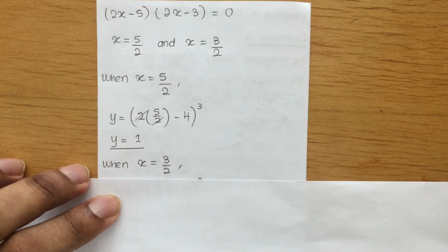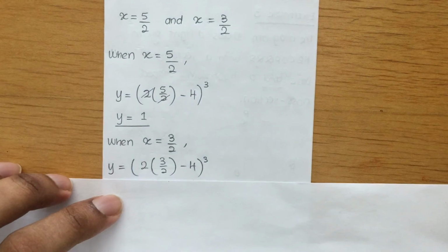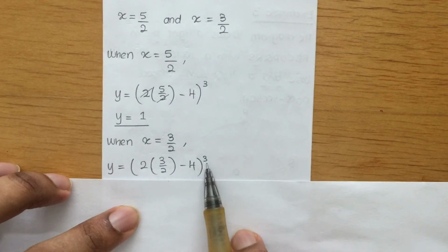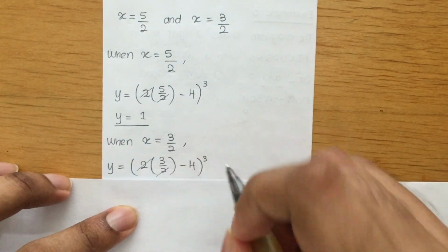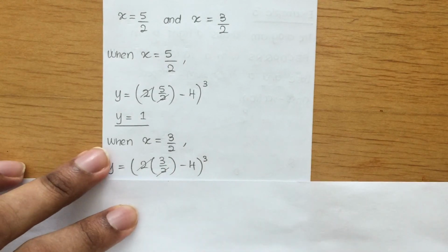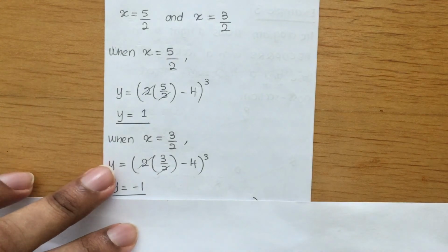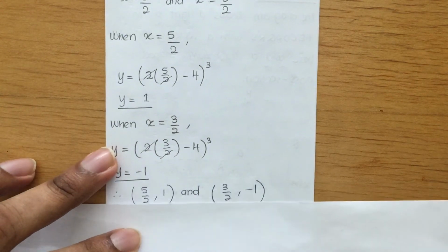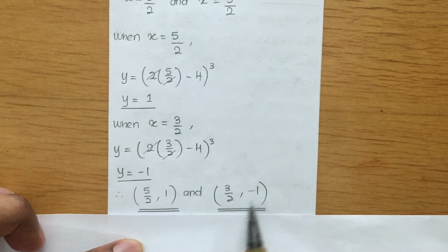When x equals 3 over 2, y equals (2 times 3 over 2 minus 4) to the power of 3. These 2 and 2 will cancel off. So 3 minus 4 you get negative 1. Negative 1 to the power of 3 gives negative 1. So from here you get your two respective coordinates, which are (5 over 2, 1) and (3 over 2, negative 1). So this is your final answer, guys.